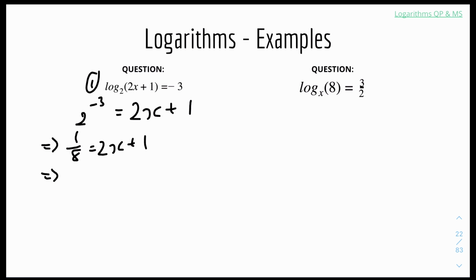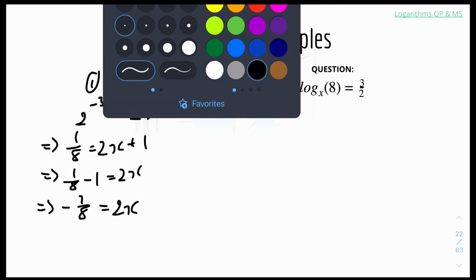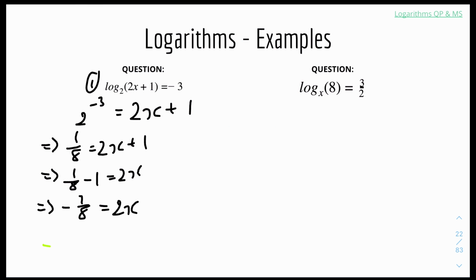So 1 over 8 minus 1 equals 2x. And if you simplify 1 over 8 minus 1, you'll get minus 7 over 8 equals 2x. And to finalize it, you can divide both sides by 2. Therefore, x equals minus 7 over 16.